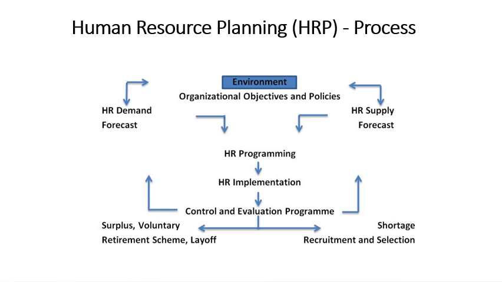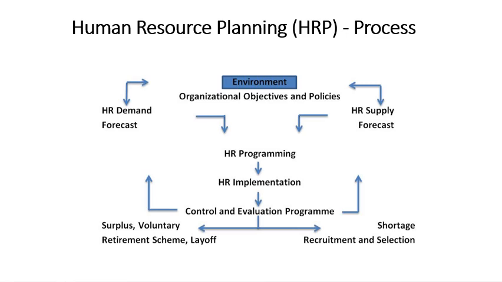Once the number and the kind of people is estimated, the next step is HR supply forecast. Here the existing human resource of an organization will be scanned, to see whether the company can fulfill whatever demand and kind of people it requires with the existing manpower, by transferring them, promoting them, or deploying them.